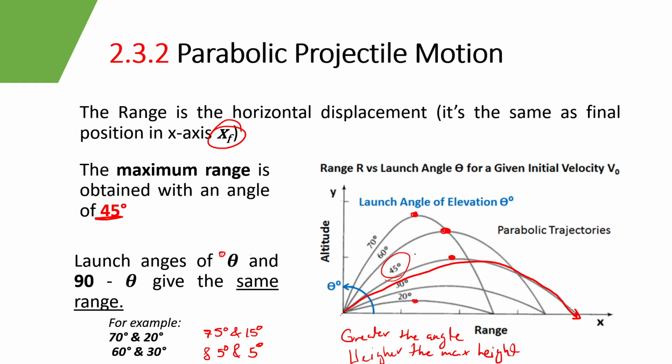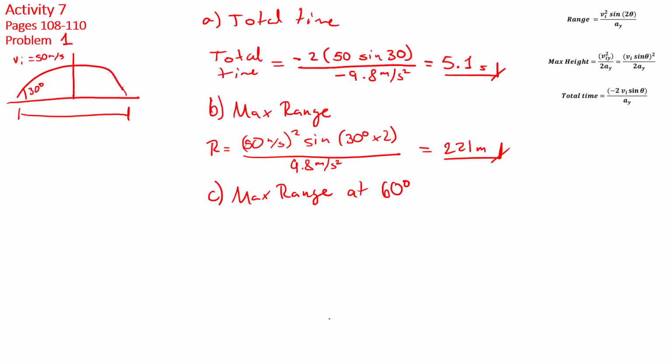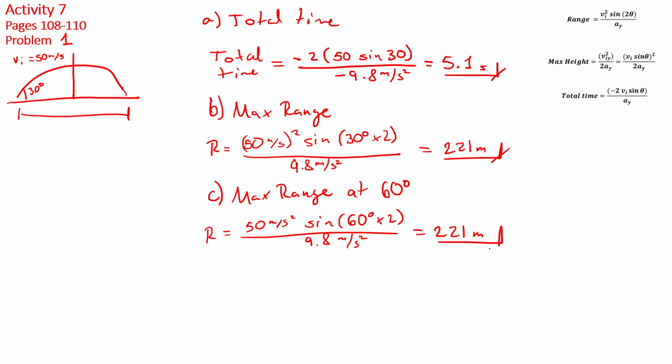In this case, 30 and 60. So let's see if that's true. It will be the same formula, 50 meters per second squared times sine of 60 times 2 divided by 9.8 meters per second squared. And yes, try to do it, but I got 221 meters.